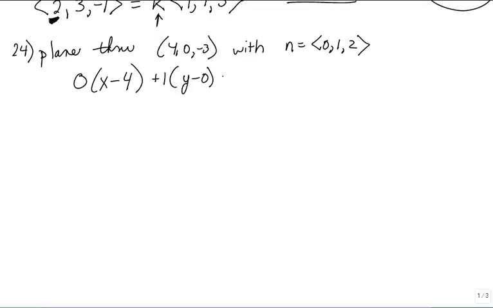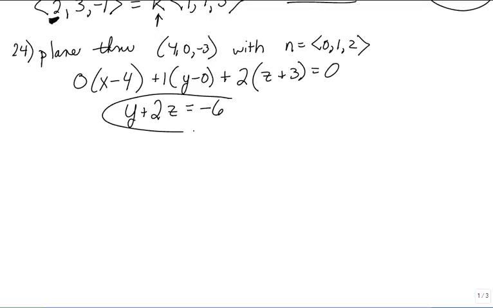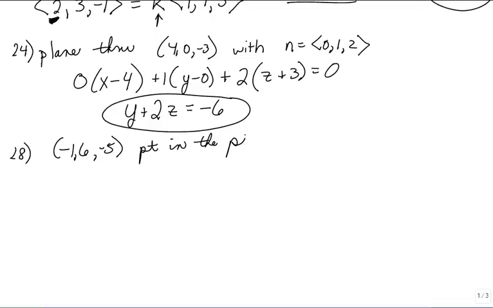I take the point, subtract them, plus 2 times (z plus 3) equals 0. So I have y plus 2z equals minus 6. Here's the equation of the plane. Minus 1, 6, minus 5 is a point in the plane. And I want it parallel to this plane.